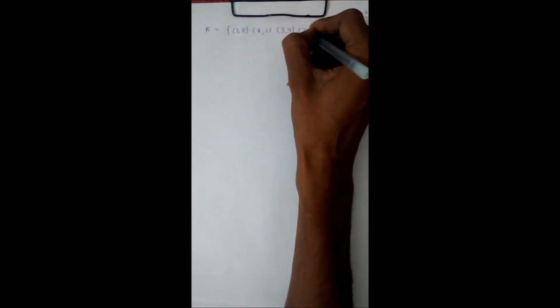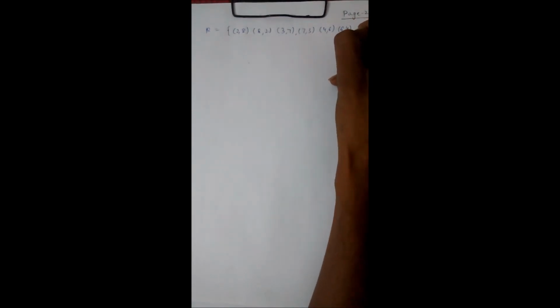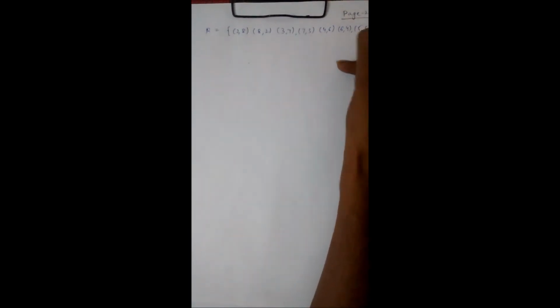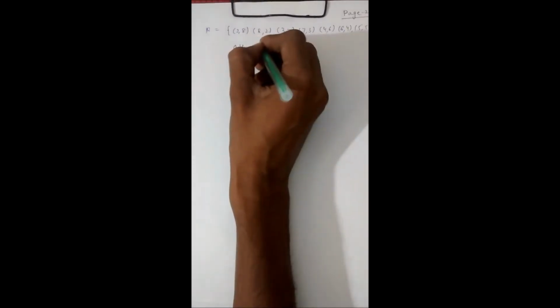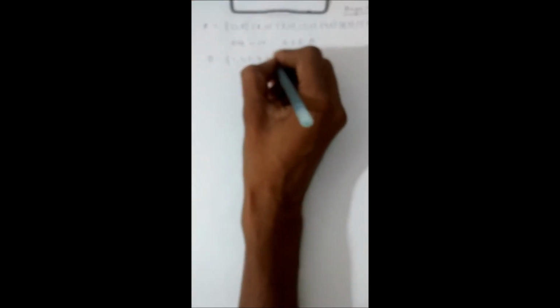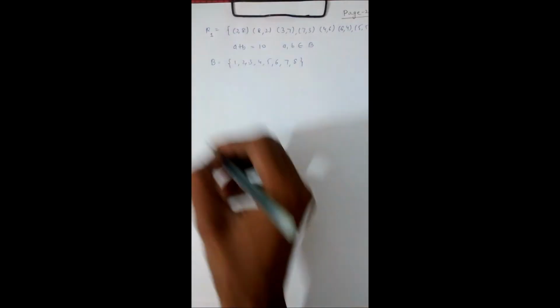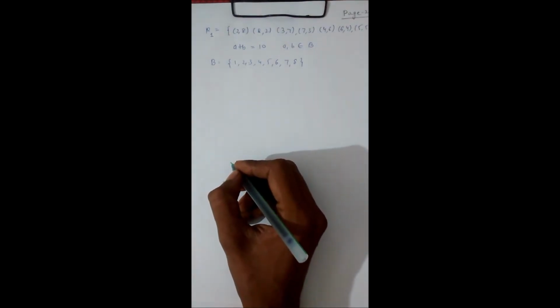This was the set that I got after applying the condition that A plus B equals 10, where (A, B) belongs to the set B, and B was 1, 2, 3, 4, 5, 6, 7, 8. Now I call this my relation R1, because it is not necessary that we will only have one relation on a set. We can have more than one relation.